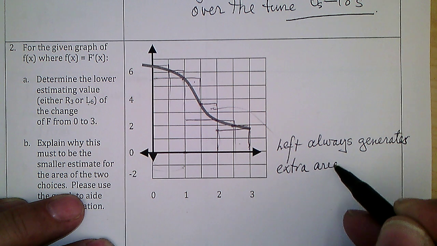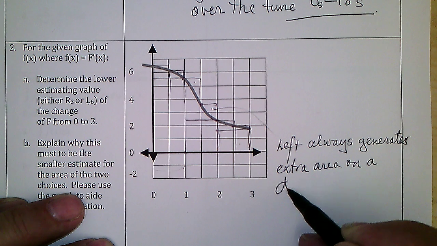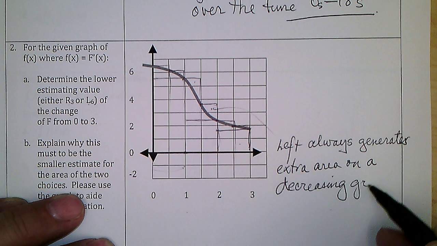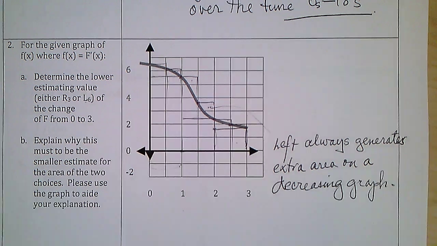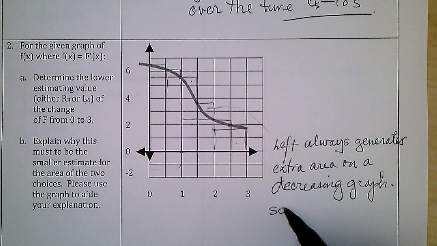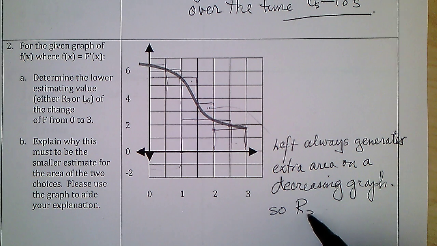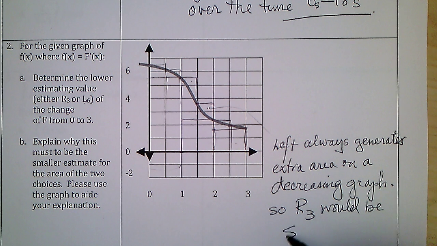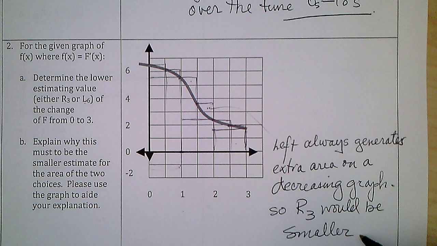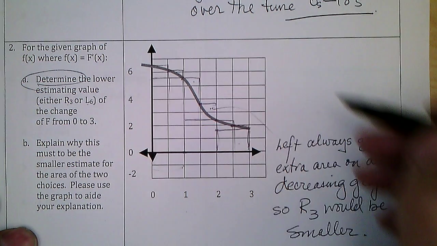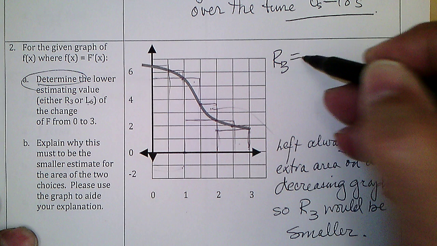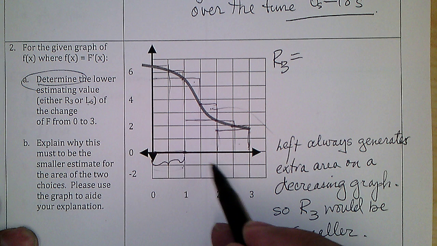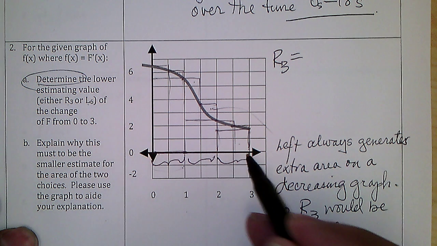Area on a decreasing graph. So R3 would be smaller, and so then it says determine it. R3 would be, if I got to divide it into 3 intervals, 1 would be here, 2, and then 3.